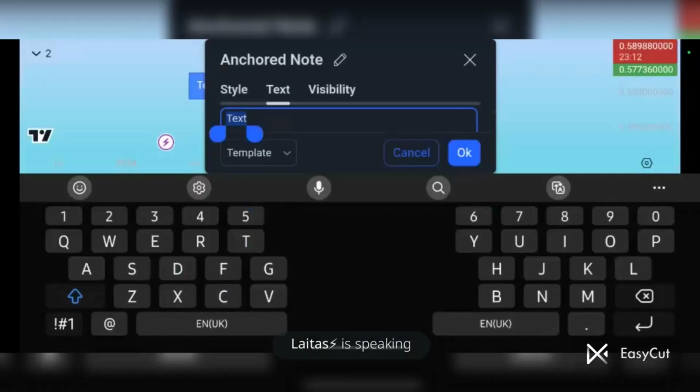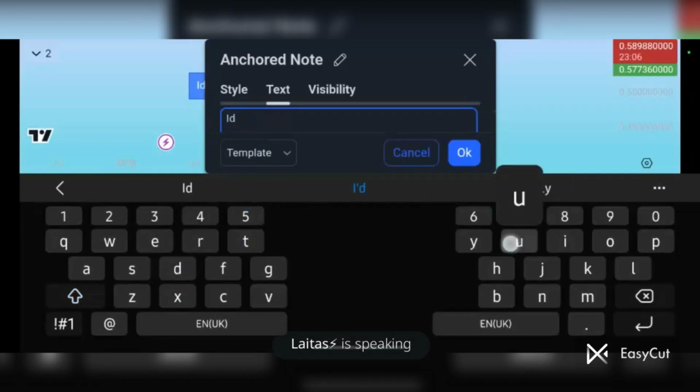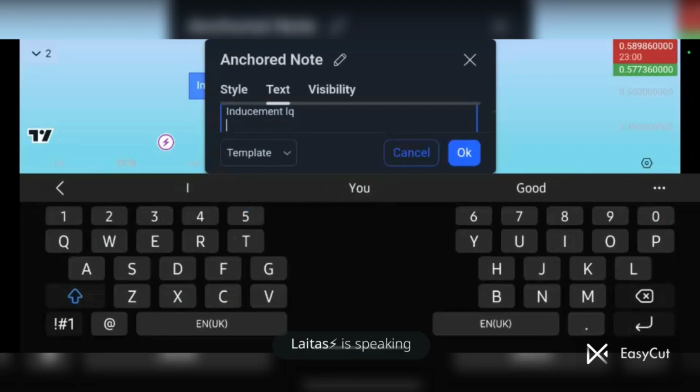Number one, inducement liquidity. Number two, structural liquidity.